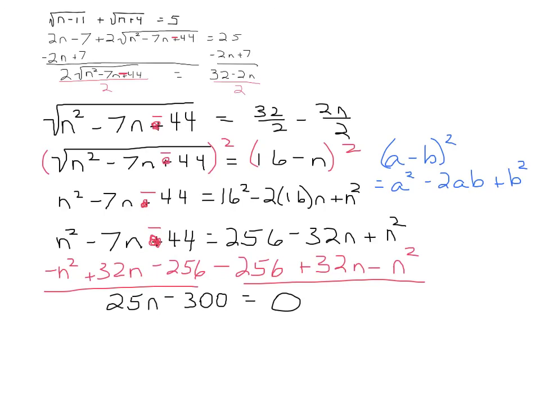And that gives us 25n minus 300 equals 0. We add 300 to both sides and then divide by 25, and we find that n equals 12.